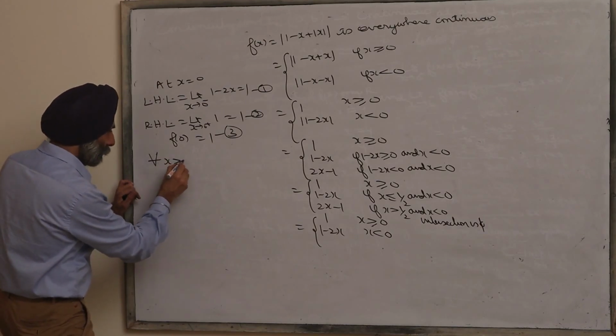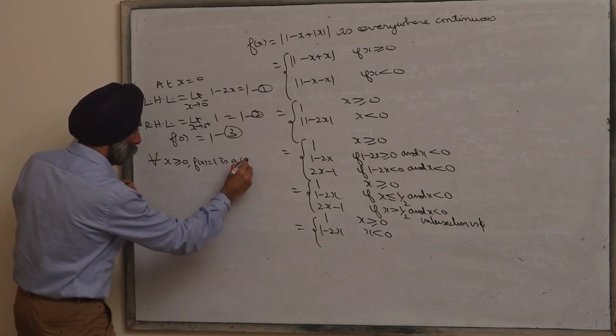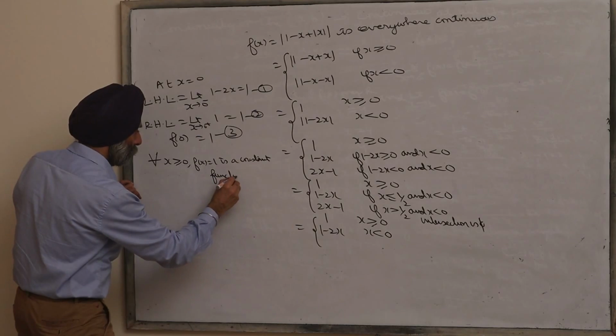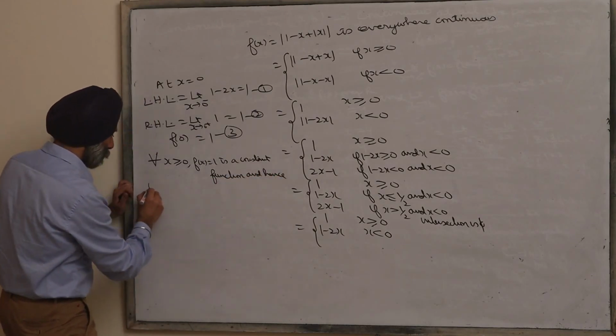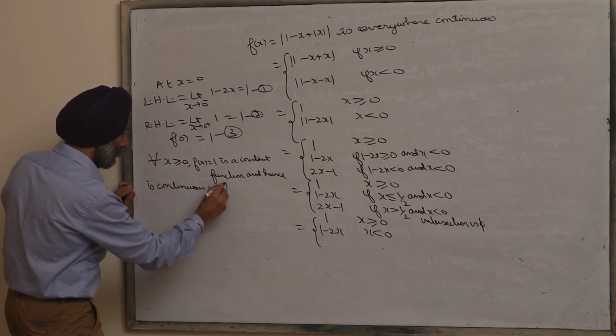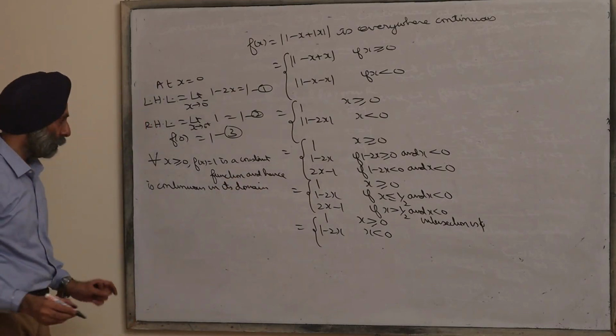For all x greater than or equal to 0, f(x) equal to 1 is a constant function and hence is continuous in its domain. So this should be the argument here.